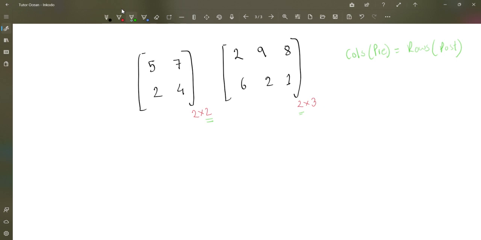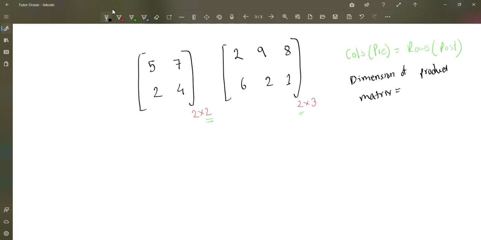Why we need to think about this rule will be very clear once we start our multiplication. Okay, this is another quiz. Before we start the multiplication, what will be the dimension of the product matrix?